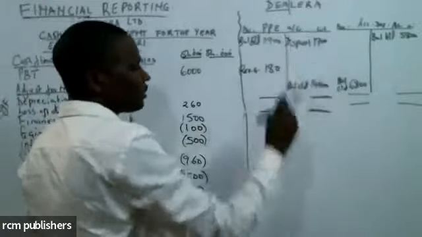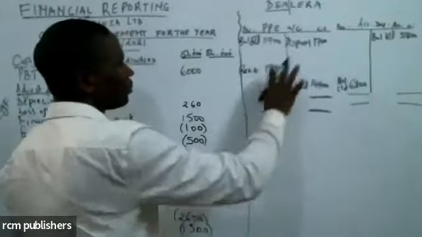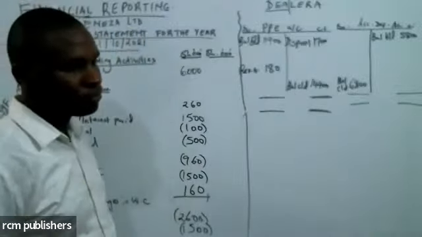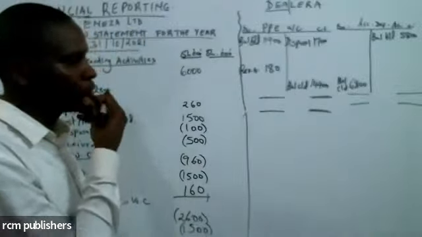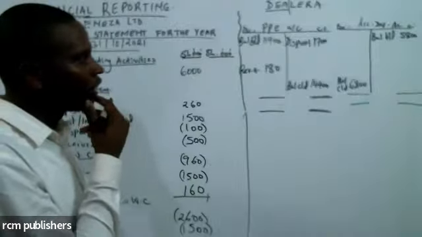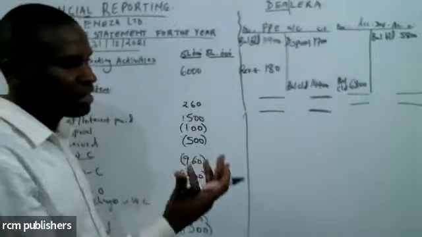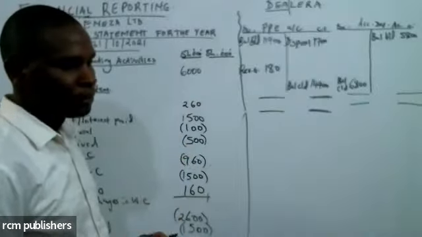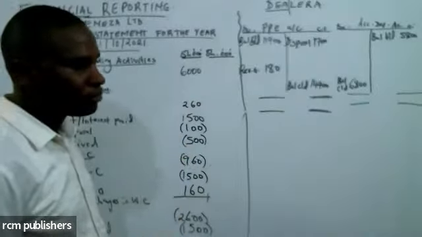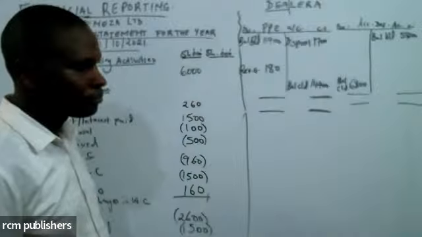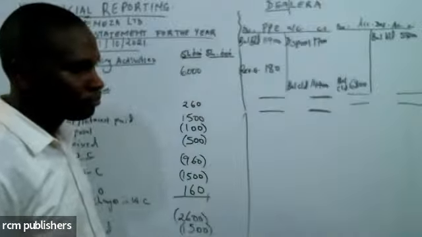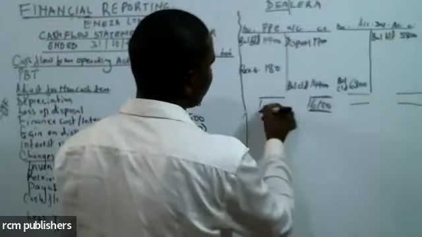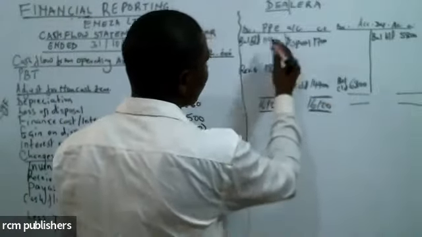This plus this, napata ngapi? Alafu sasa tunaangalia the balancing figure. So what will be the total on the credit side? I can see credit side is having much. Credit side iko na mingi. 16,100. And then you balance the account.